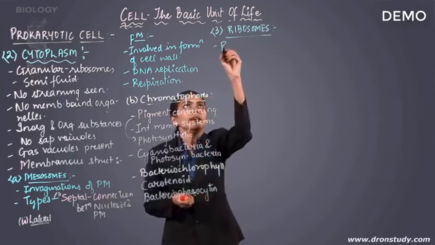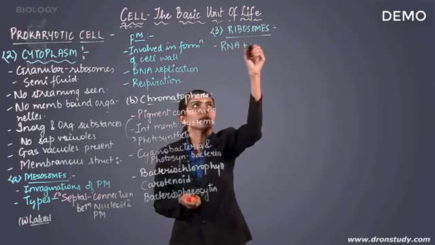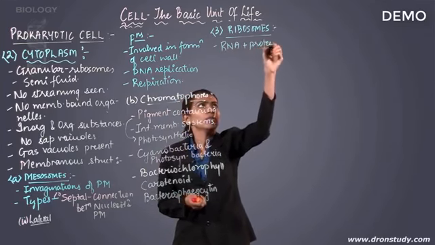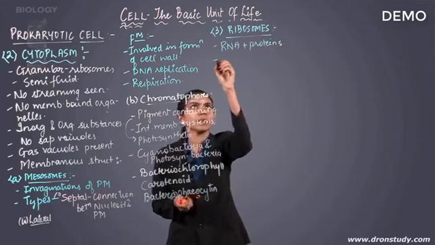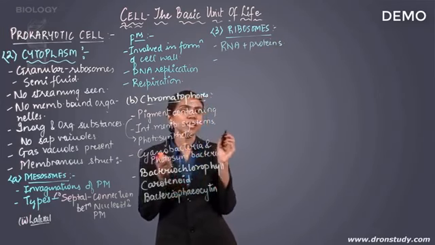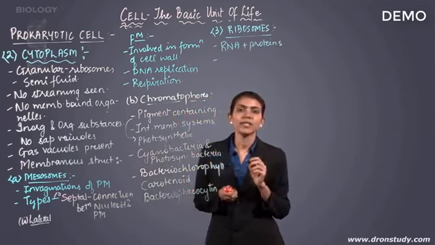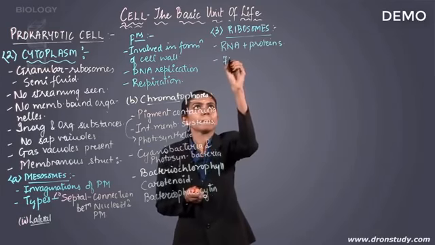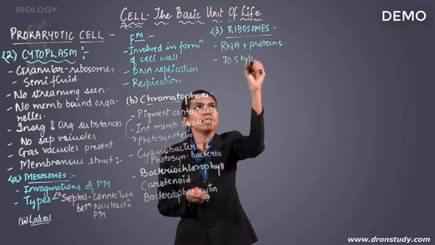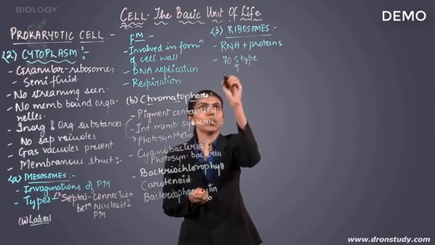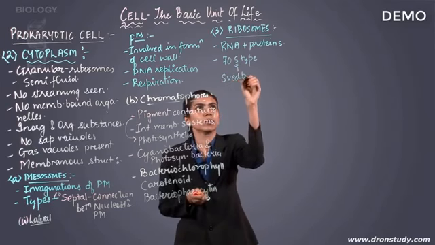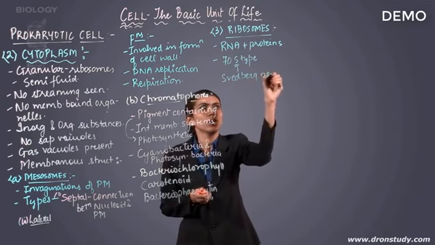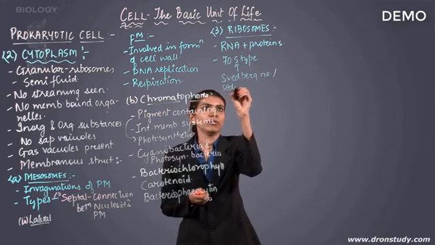So it is the RNA and proteins which are the main component of ribosomes. Now the ribosomes present in the prokaryotic cell are of the 70S type. When I say 70S type, here S stands for Svedberg number, or it is the sedimentation coefficient.